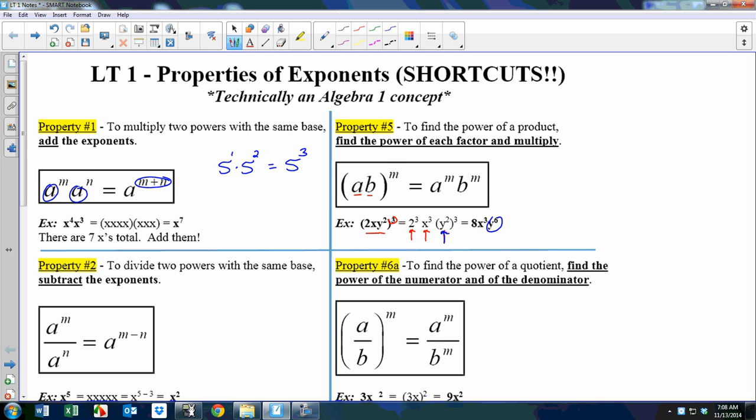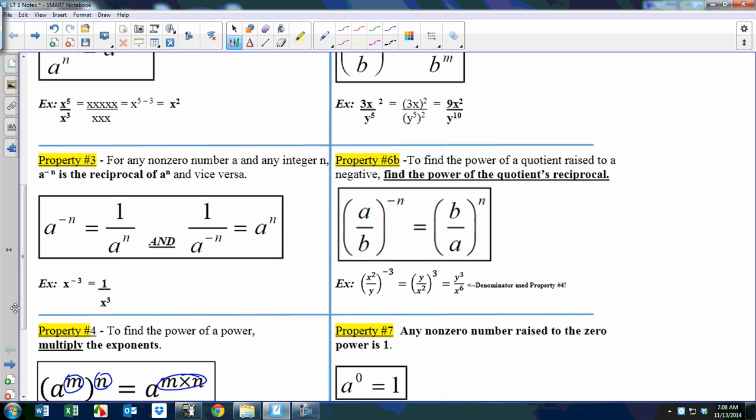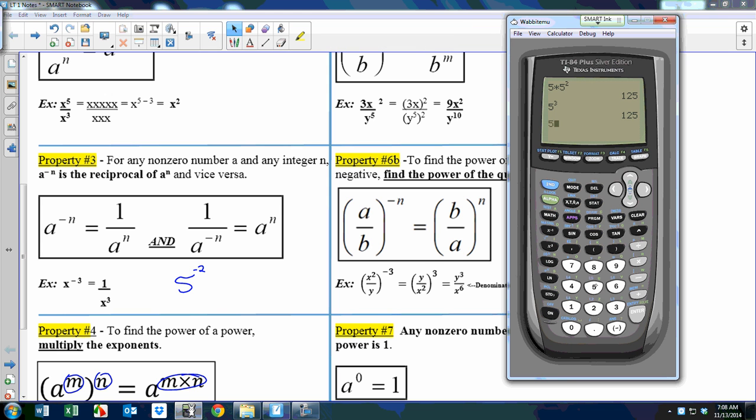So anyways, that's just an introduction to the properties. There are some negative exponent properties here. I do want to explore those with numbers, and then work a few problems that involve multiple properties. For the negative exponent property, let's just look at 5 to the negative 2. The calculator would say that that's 0.04, or the fraction 1 over 25.